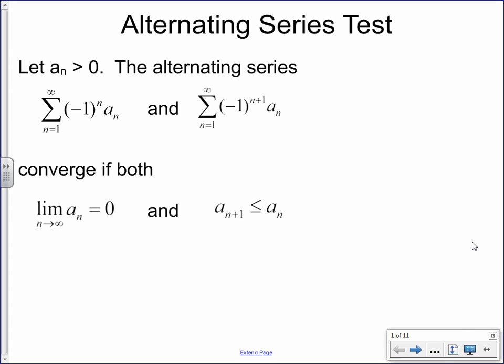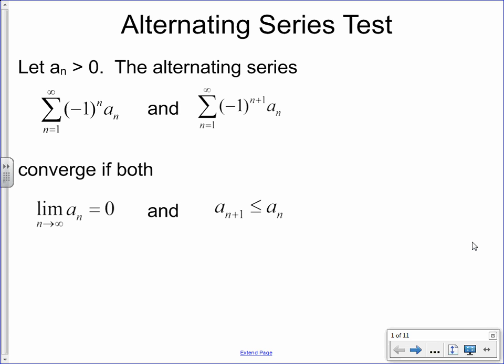What are ways we can show that a sequence is decreasing? Plug in n plus one and show that it is less than the original value. Some of these tests we can also use the integral test.